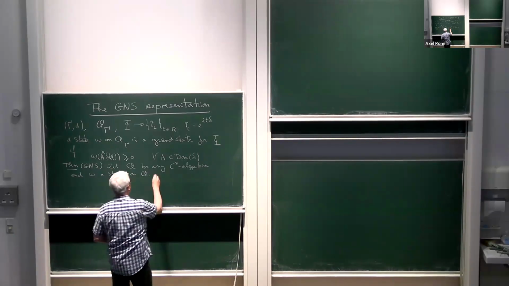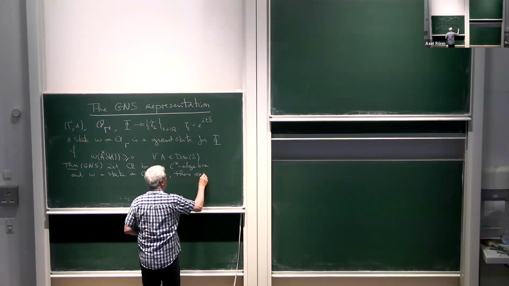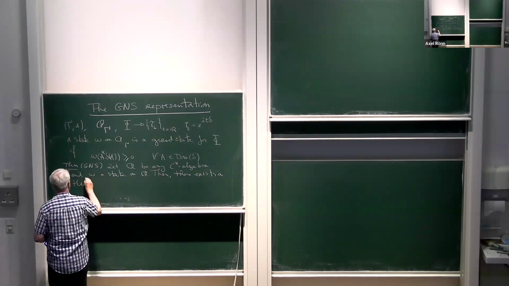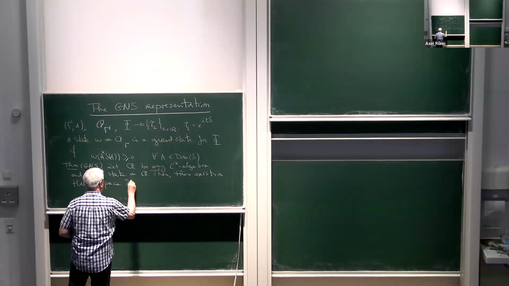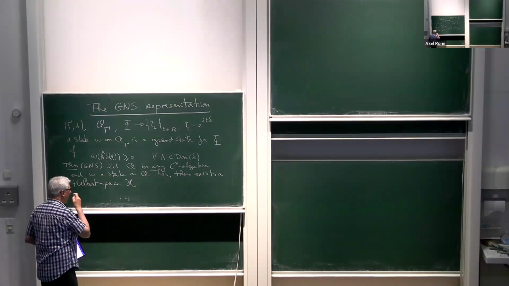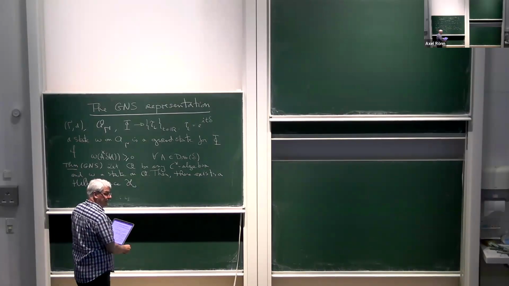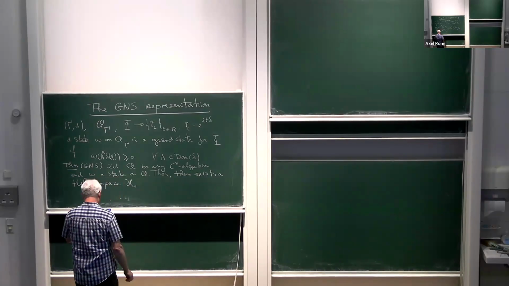Then there exists a Hilbert space H omega. For now, I will indicate the dependence on the state omega systematically until I get tired of doing it, and then we'll drop it.